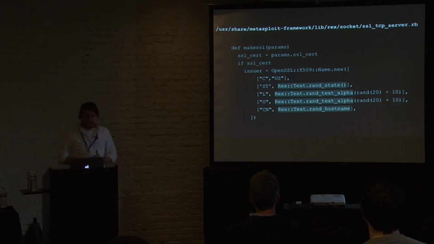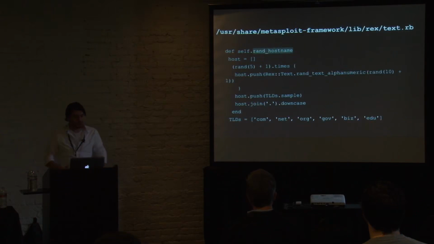Looking at the Metasploit code on how it comes up with this randomly generated cert, you can see the country code is hard-coded to US, the state is a random state, and there's some random mixed-case alpha of 10 to 30 characters for the L and O fields, and then a random hostname. So how does it come up with the random hostname? It looks like it's a random 10 plus 1 characters, then it adds a TLD: com, net, gov, biz, or edu at the end of that.